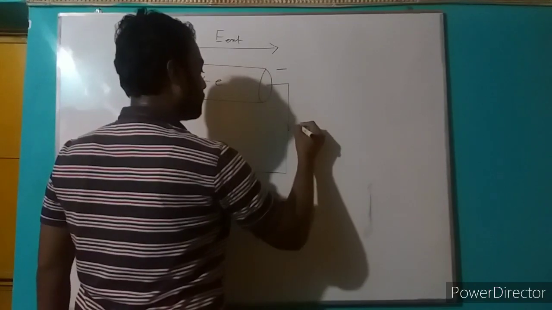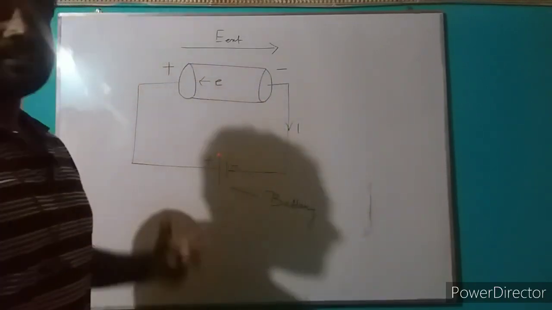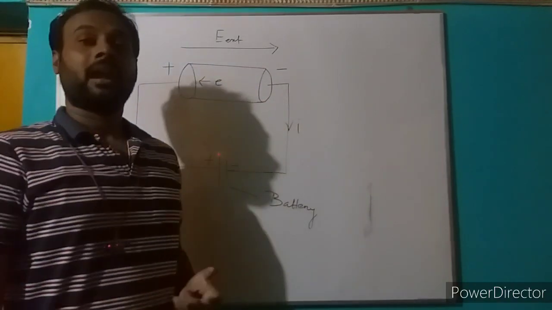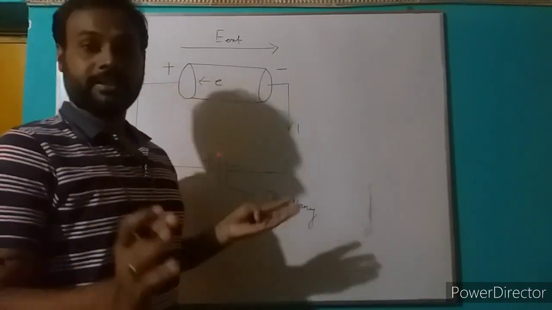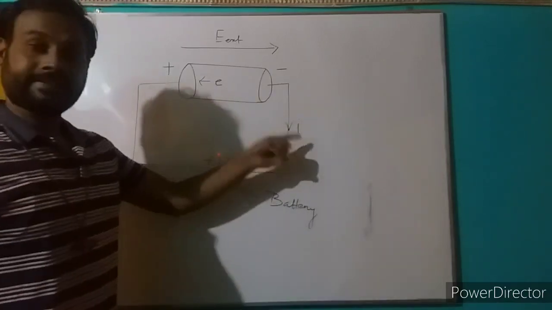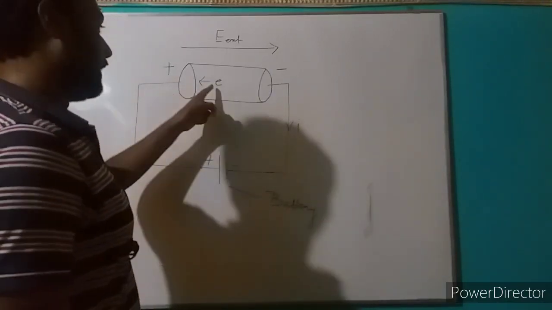That current is denoted by I. That is known as conventional current, and we always represent that current as electric current. And that electric current is opposite to that of electrons.